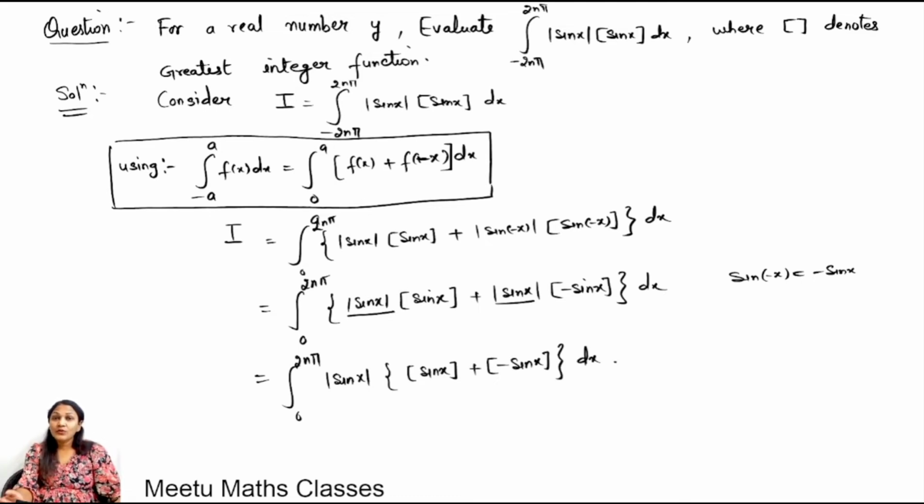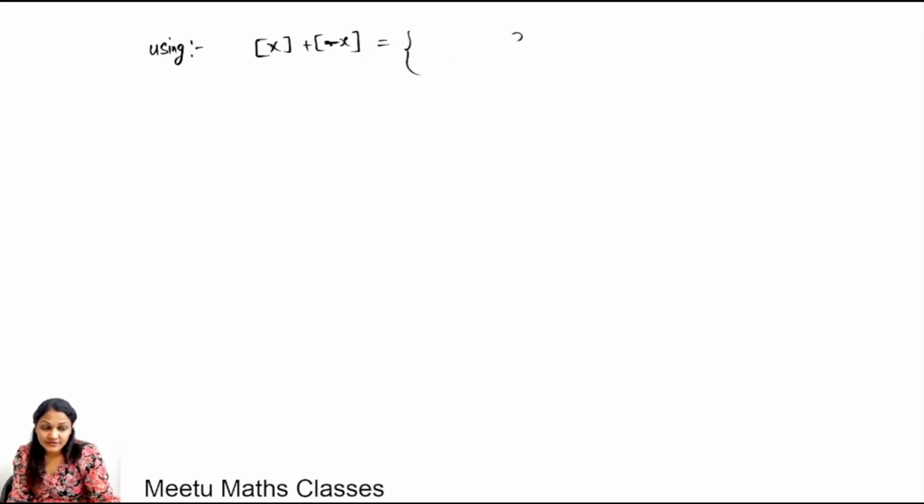Now we know a rule for the greatest integer function: if we add greatest integer function of x plus greatest integer function of minus x, then if x is an integer, it will give you x minus x, which is 0, and if x is not an integer, then it will give you minus 1.